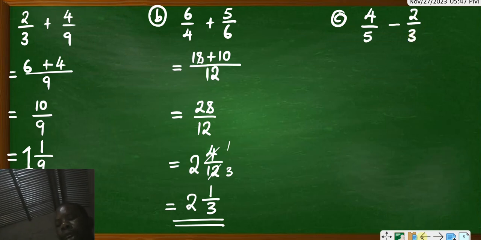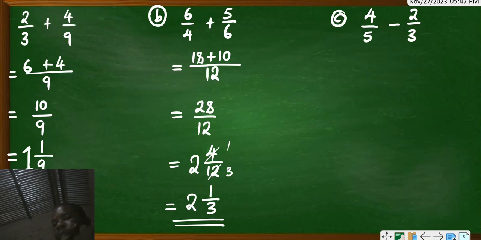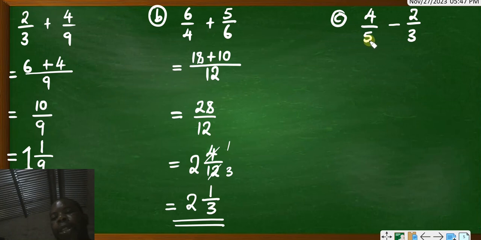Let's check if we are correct. 4 over 5, 2 over 3. Okay, we are correct. So what we can do is to subtract.